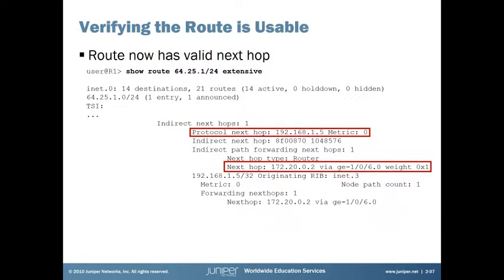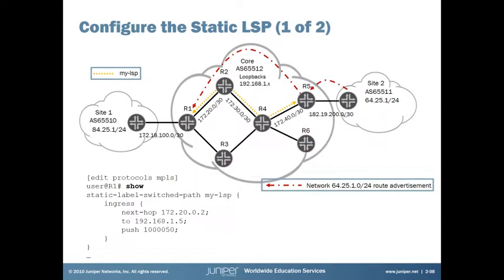And then of course R1 knows how to get to R5, because R5 is included in the network's IGP settings. Okay, so then it knows how to get there. Alright, so we'll do a lab on that. We'll sort that out, and then once we've got that sorted out, we're ready to go ahead and set up our static LSP. That's where we want to get to today.